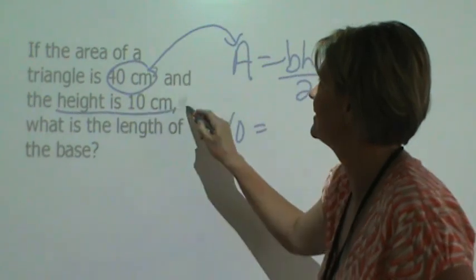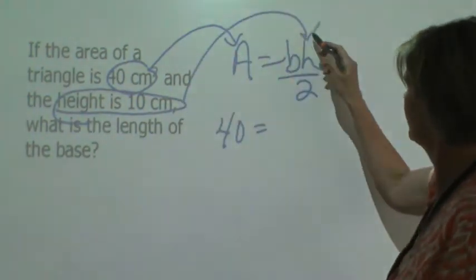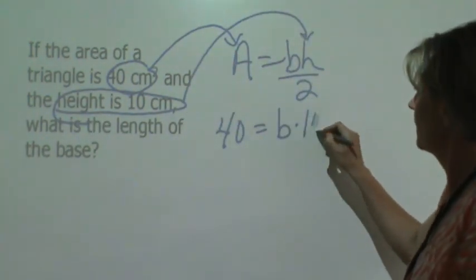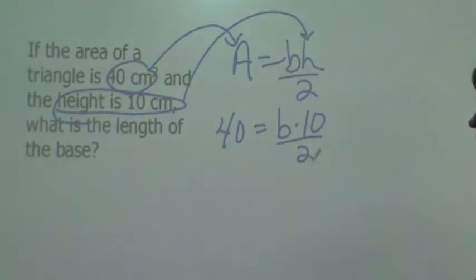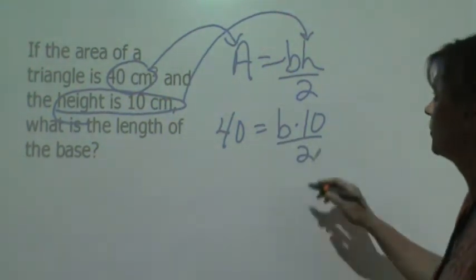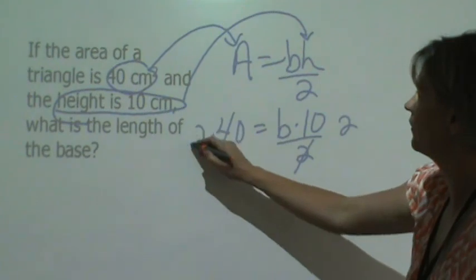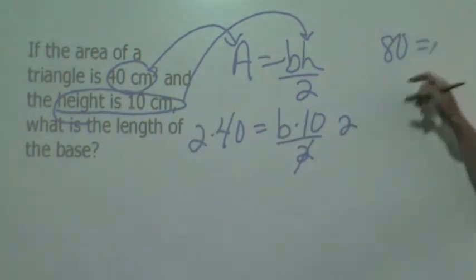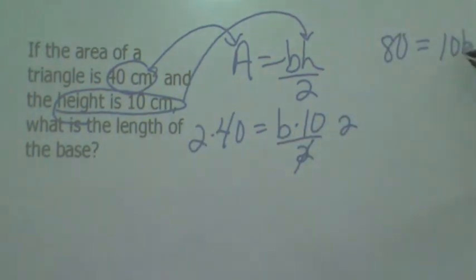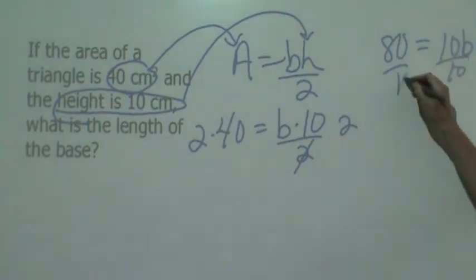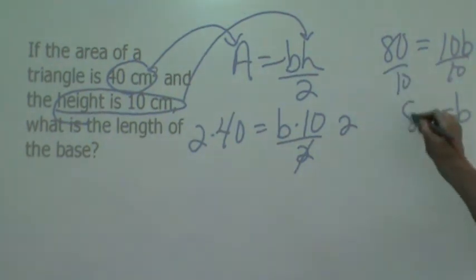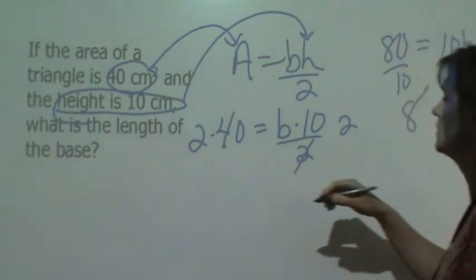We know the height is 10. And we want to figure out what the length of the base is. Okay? So we can multiply by 2 to get rid of that fraction. So we have 80 equals b times 10, or just 10b. Divide by 10, and that's going to get us our b of 8 centimeters.